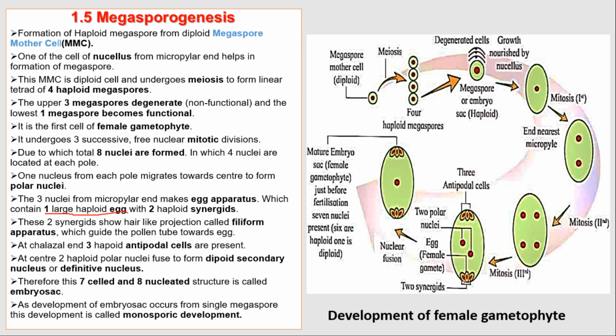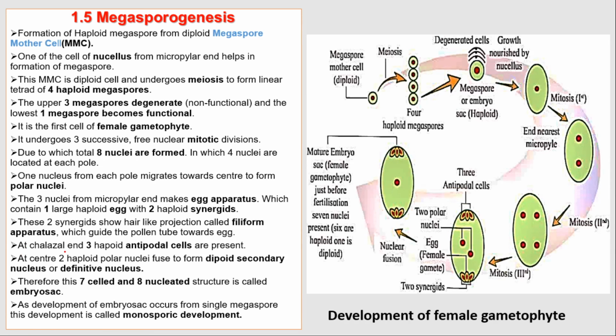So at the center here the egg is present, and there are 2 haploid synergids. So this is one synergid and this is the second one. These 2 synergids show hair-like projections called the filiform apparatus, which guides the pollen tube towards the egg.